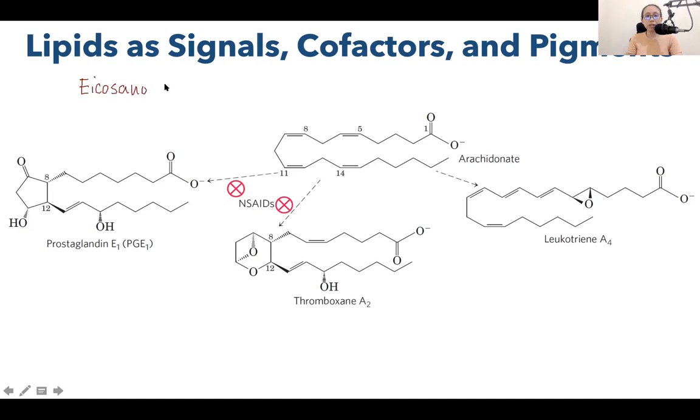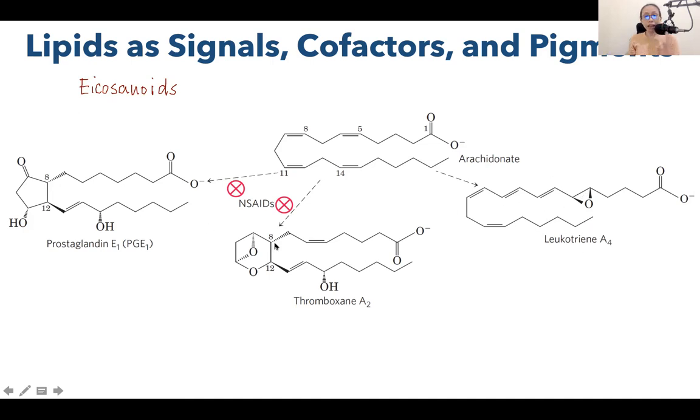These are involved in the inflammatory response, pain, and fever, when you are sick or your body is fighting something. So these eicosanoids are grouped into 3: your prostaglandins, thromboxanes, and leukotrienes.